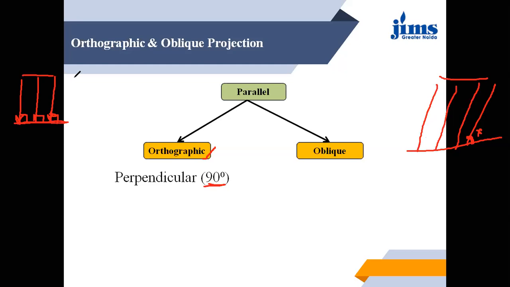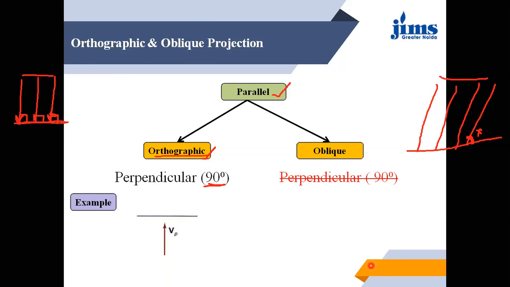It means it's an example of parallel projection. So in orthographic, the projection rays are perpendicular, as I told you. In this one, they are not perpendicular to the view plane.